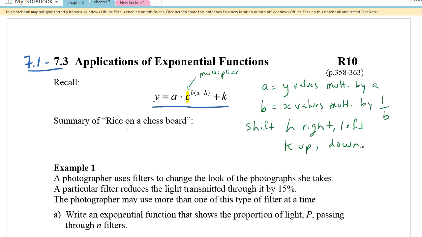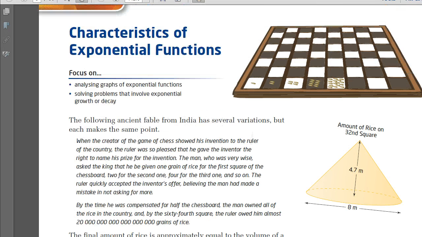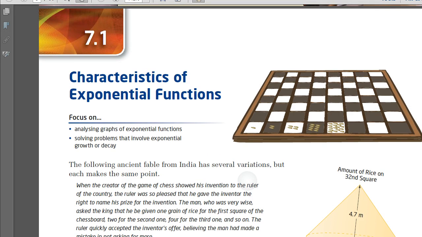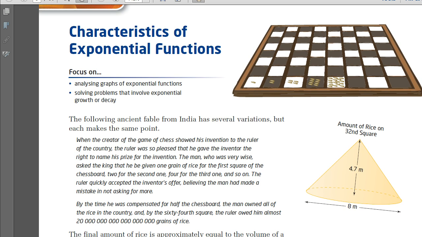Alright, so let's take a look at this summary of rice on a chessboard. You may not remember it, but it's actually from the beginning of our textbook, back in 7.1, the characteristics of exponential functions. They talk about the inventor of chess being asked to be rewarded for his invention by getting 1 grain of rice on the first square, 2 grains on the second one, and then 4, and then 8, and then 16.